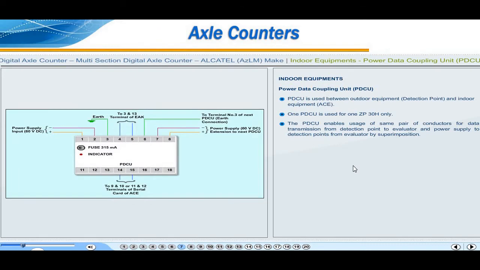Terminal numbers 1 and 2 are used for connection to positive and negative power supply respectively. Terminal number 3 is used for grounding purpose. Terminal numbers 4 and 5 are connected to terminal numbers 3 and 13 of EAK30H.